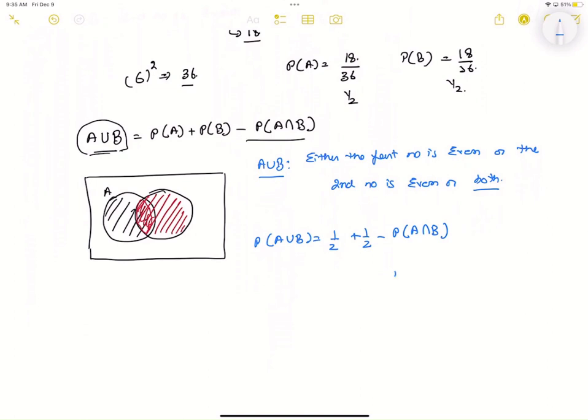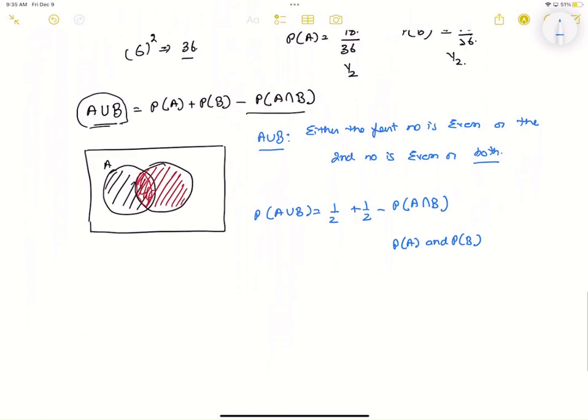Now this is probability of A and probability of B. In the first die roll, the even numbers are 2, 4 and 6, and in the second one it is also 2, 4 and 6. So there are 3 choices here and 3 choices here, so it's going to be 9, and the total sample space is 36.